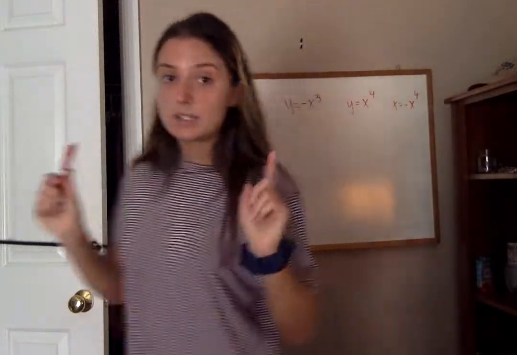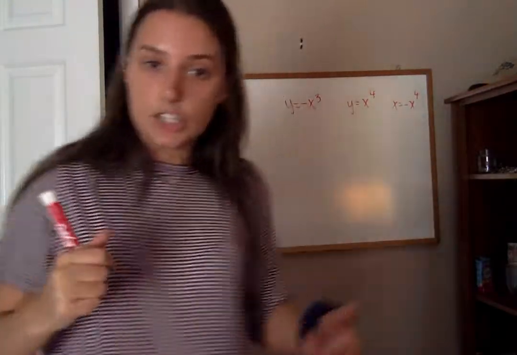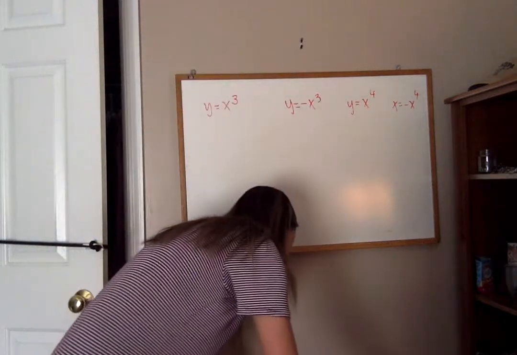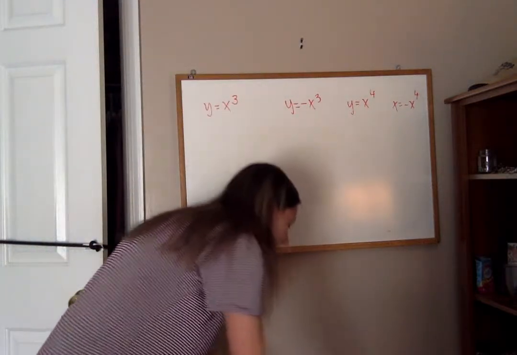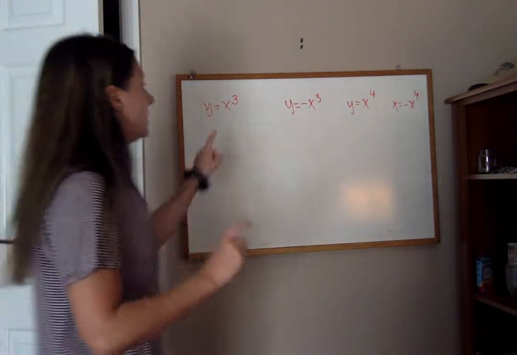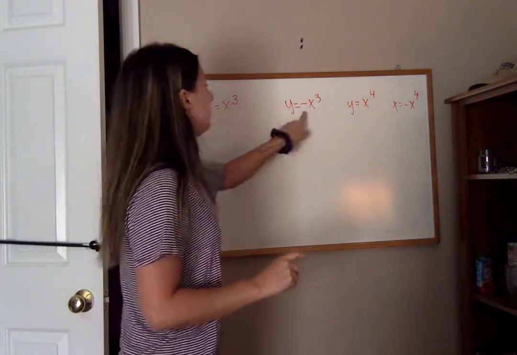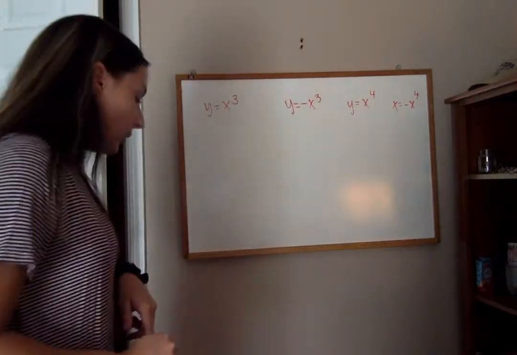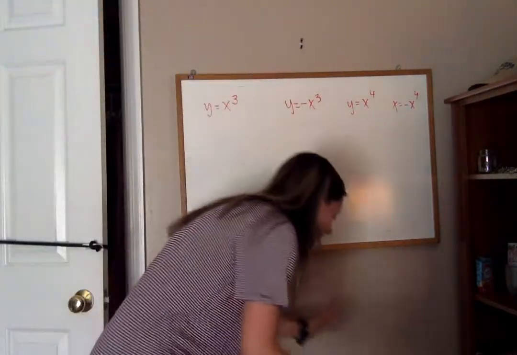So if you notice, we have all the different combinations here. So we have evens and odds, and we have them with and without leading coefficients being negative. Okay, so let's sketch them.